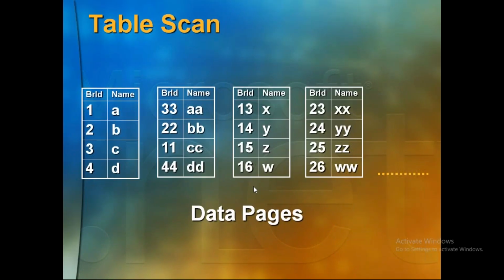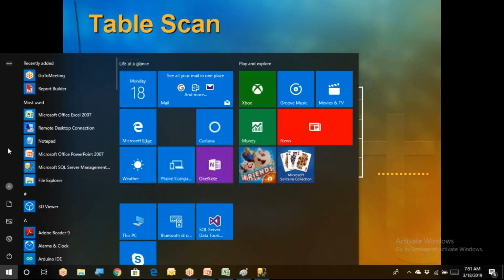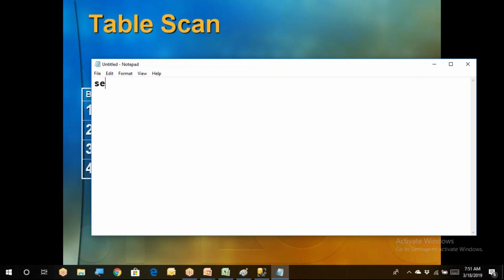So I was talking about table scanning. When the data is not there properly, if there is no index, whenever I retrieve with a query, when I say select star from employee table where employee ID equals, let us say, some number like this, if I don't have a proper indexing mechanism, I don't know where to start.